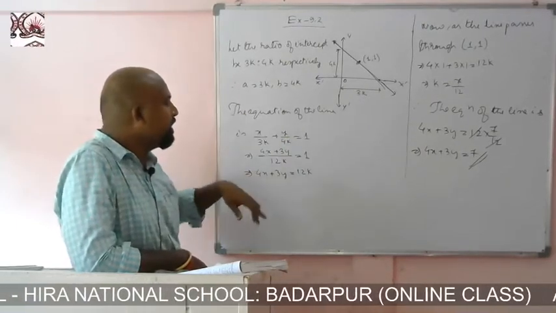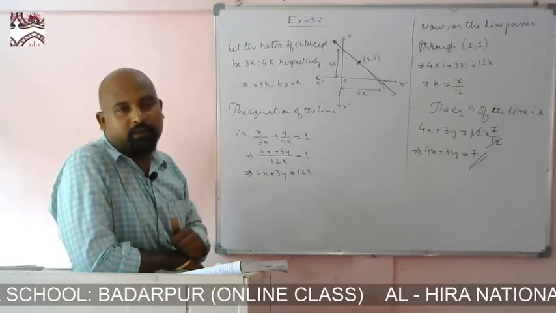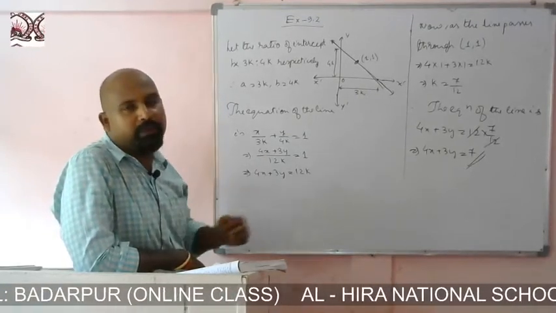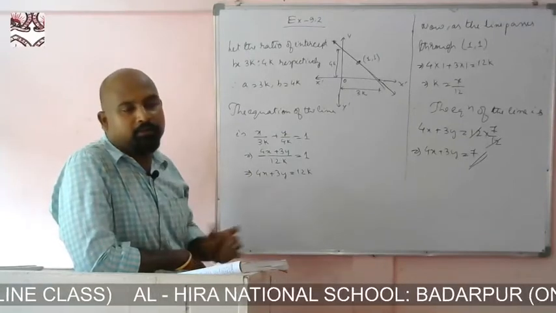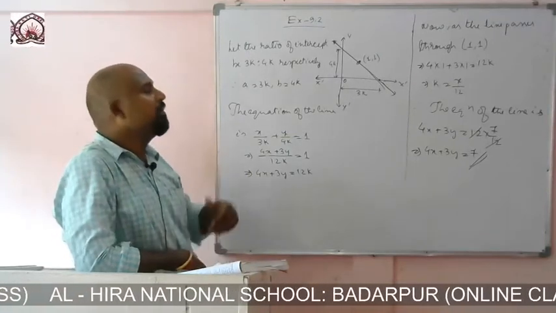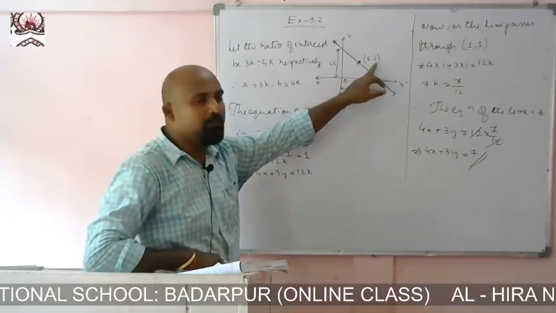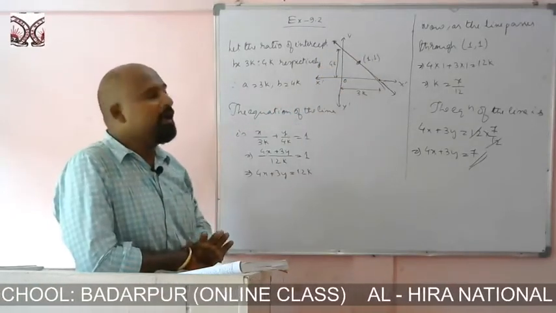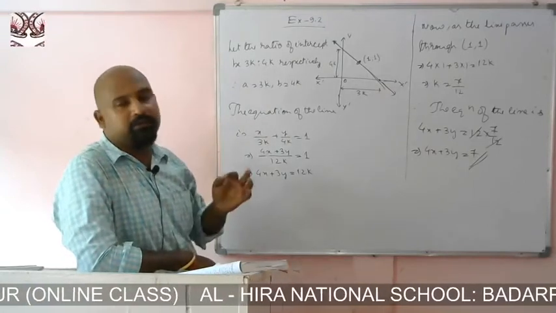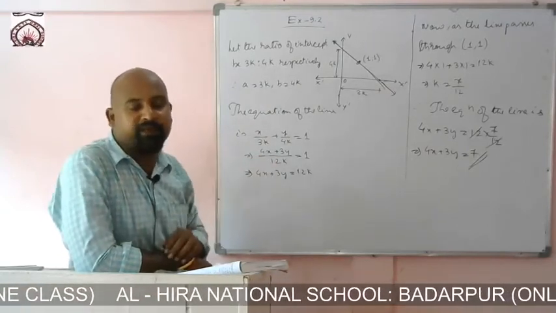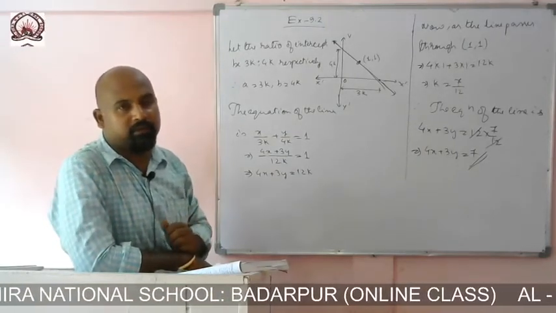Then the equation of the line will be x by k plus y by k equal to 1. Then just put the values and solve the equation. As the line passes through the point 1 comma 1, solve this equation and you will get the value of k. Now put the value of k in the given equation, and then you will get the required equation.